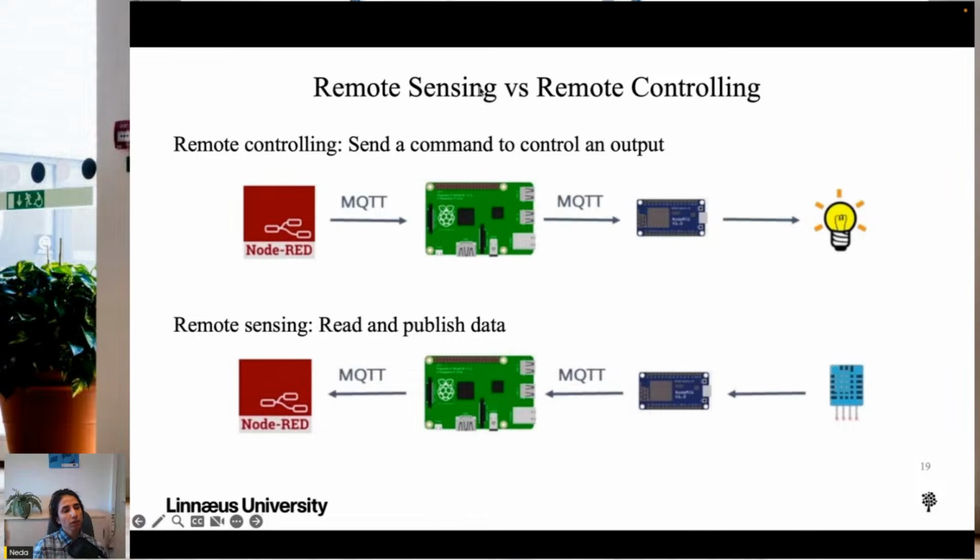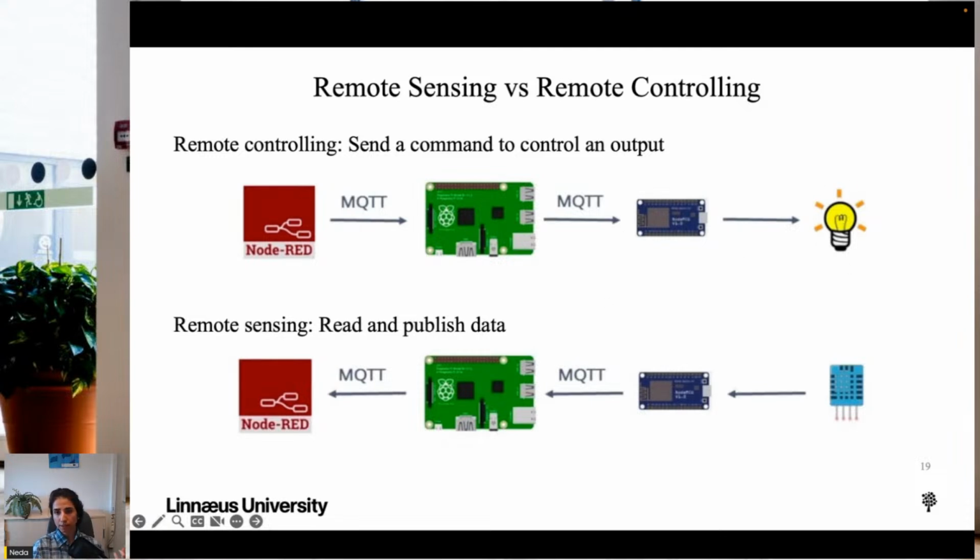So we talked about remote sensing and remote controlling in the previous lectures. In remote controlling, you can send a command as a client, like Node-RED in this picture, and control an output, in this case, the lamp will be on.